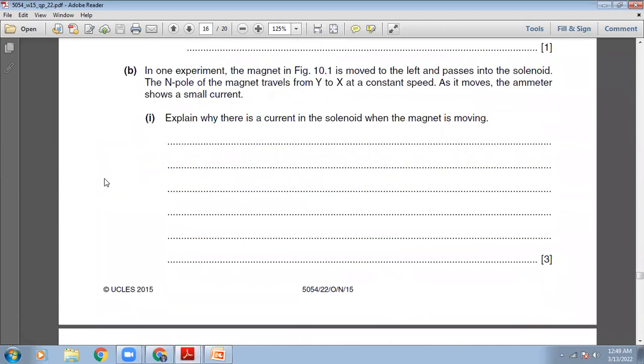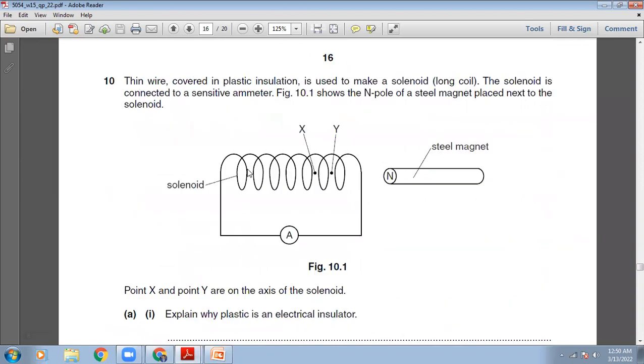So question number 10, its B part. He says in one experiment, the magnet in figure 10.1 is moved to the left and passes into the solenoid. The north pole of the magnet travels from Y to X at a constant speed. As it moves, the ammeter shows a small current. Explain why there is a current in the solenoid when the magnet is moving. So 3 marks question.